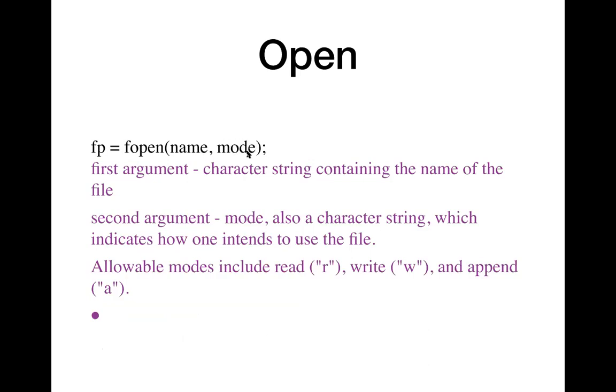The second is the mode, which is again a character string that indicates how you are going to use this file. If it's read mode, put R within double quotes. If I want to open the file in write mode, W within double quotes, and for append, A within double quotes. So now I create a file pointer, FILE star fp. Then I open the file in the appropriate mode and assign it to fp.